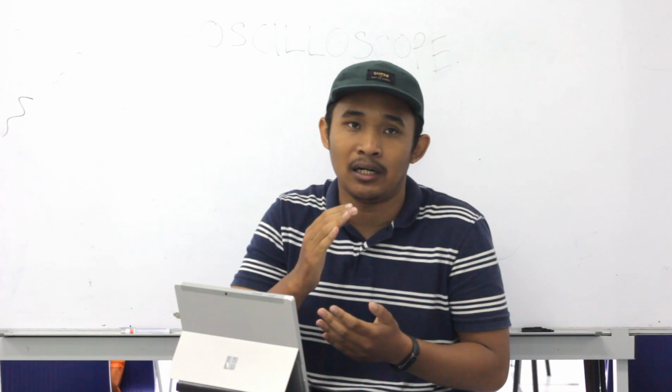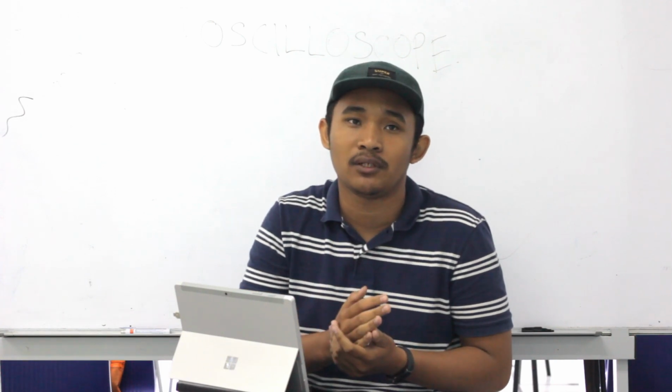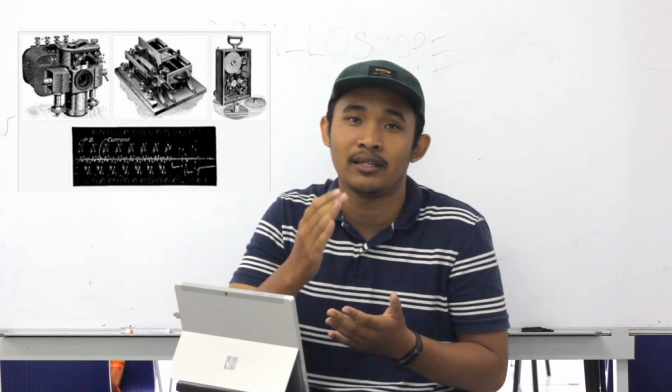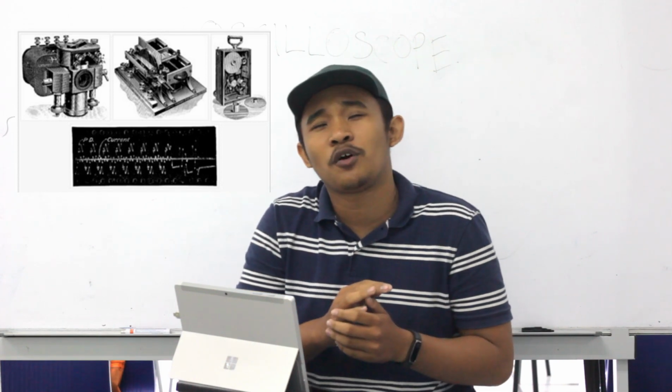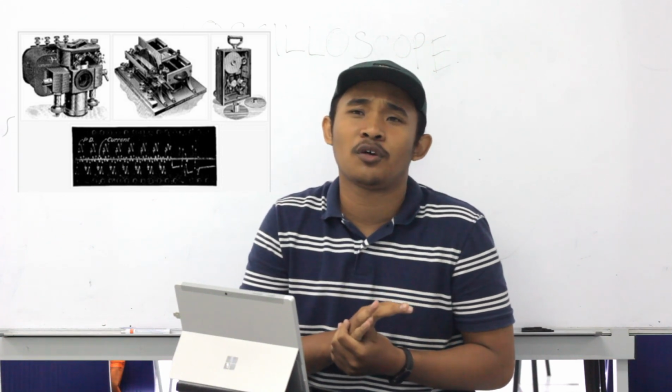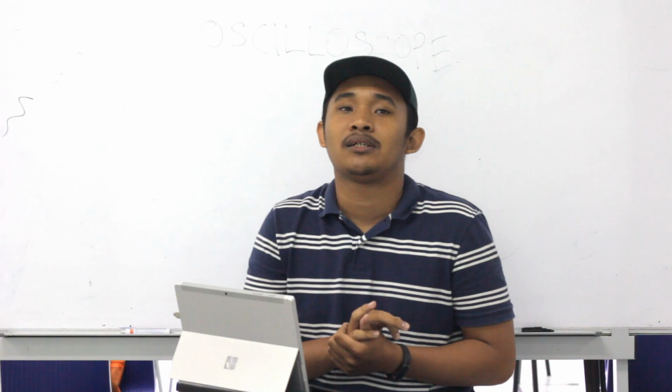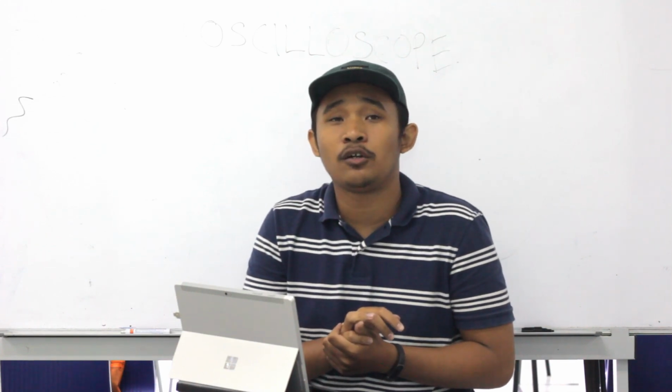And for the third part, the photographic oscillograph. In order to permit direct measurement of waveform, it was necessary for the recording device to use a very low mass measurement system that can move with sufficient speed to match the motion of the actual wave being measured.